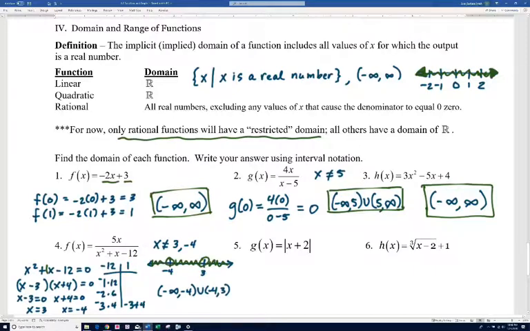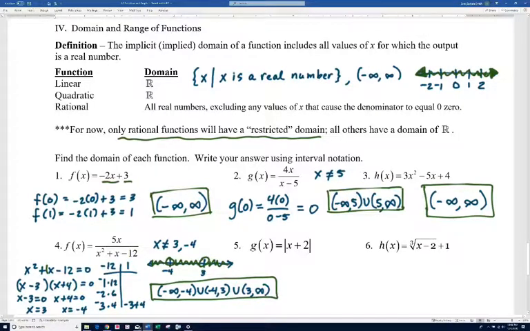Then negative 4 to 3, and we're going to skip 3 and go from 3 to infinity. Usually interval notation looks pretty nice when it's written. It's short and sweet. Not so much the case here, but hopefully you get the idea. That's just every real number except for 3 and negative 4.